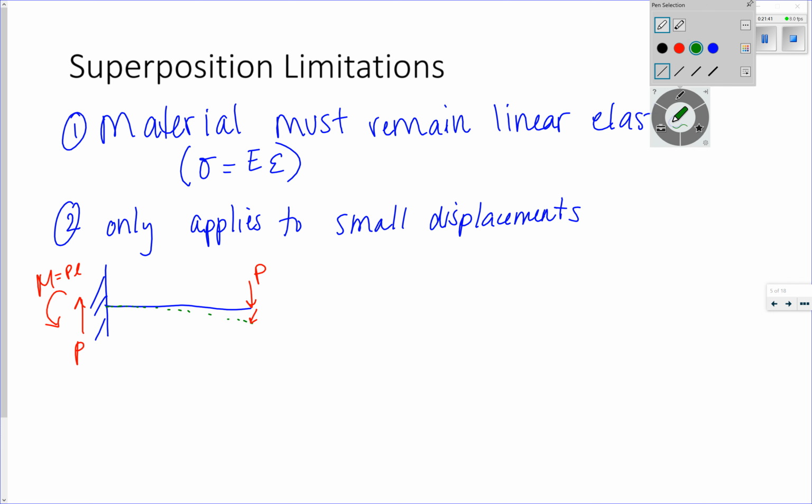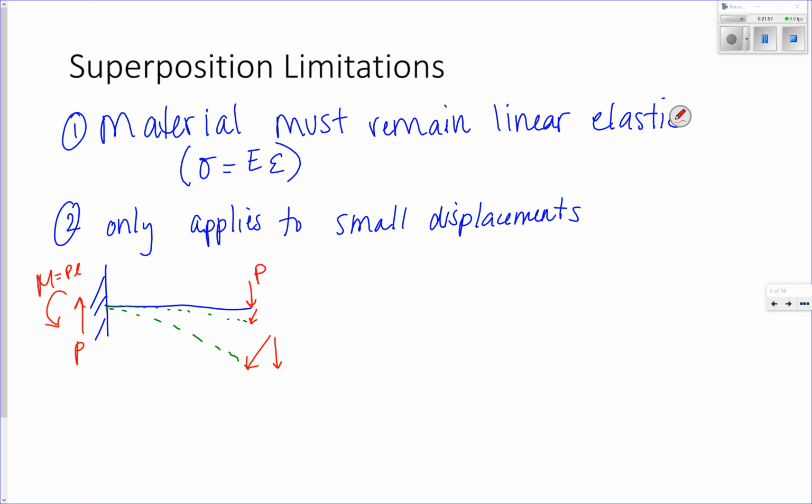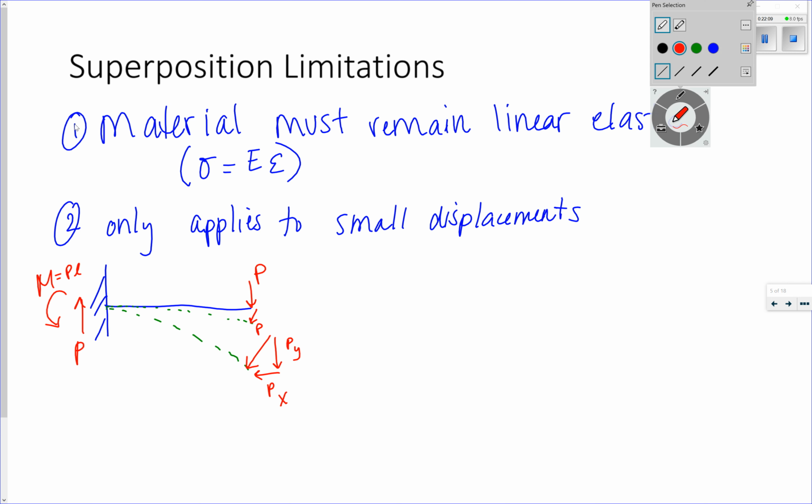If I have a really large displacement and my load follows the beam, well, now I kind of got a horizontal component to my load. It's no longer strictly vertical.